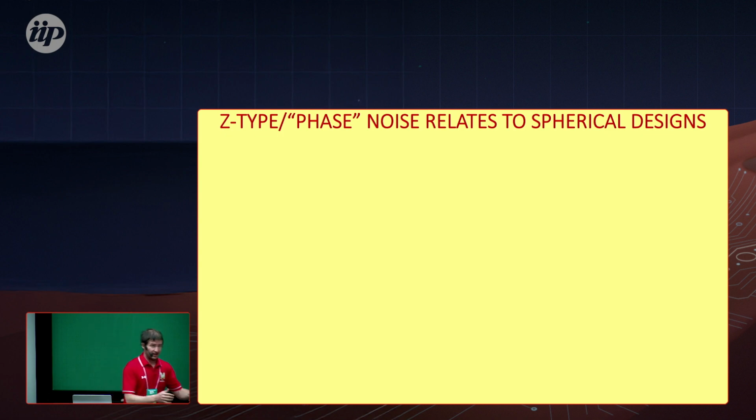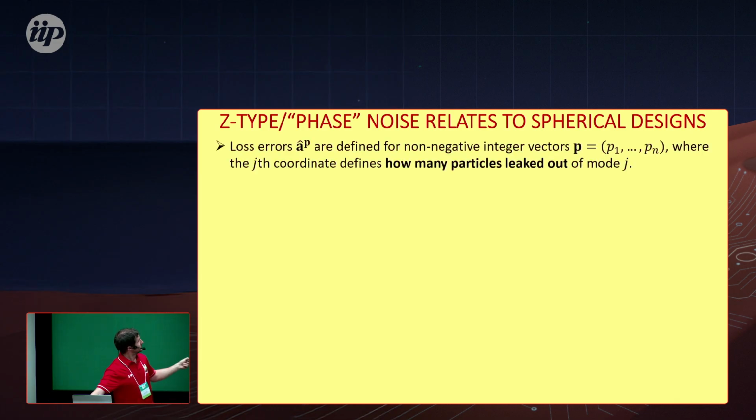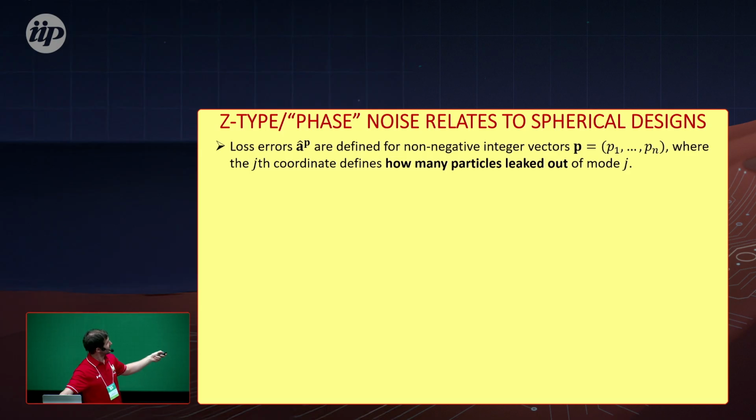That was this X-type Euclidean noise that I mentioned. I also mentioned there's going to be Z-type noise that's manifested by leakage of carriers, leakage of particles out of the system. How many photons leak out of which mode is determined by some vector of non-negative integers.